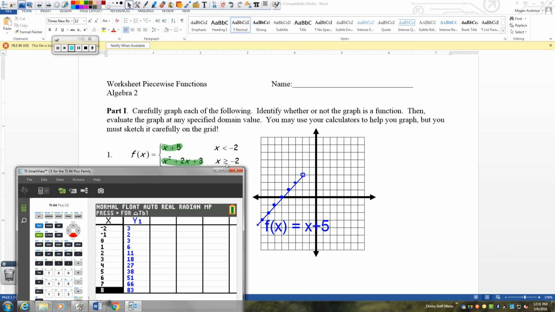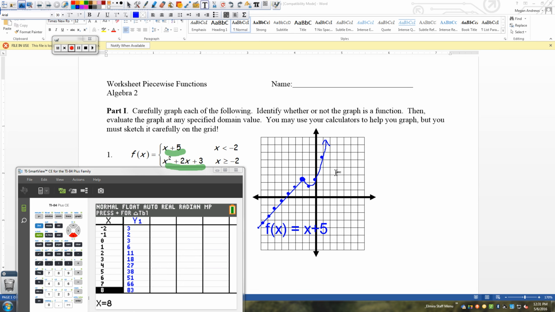Now, this time there is an equal bar, and we color it in. It's the same point. Color it in. Negative 1, 2, 0, 3, 1, 6. 2, 11 doesn't fit, so we're done drawing in the ones that we can draw in. This is a parabola, so I'm going to start here and draw a curve. And label.